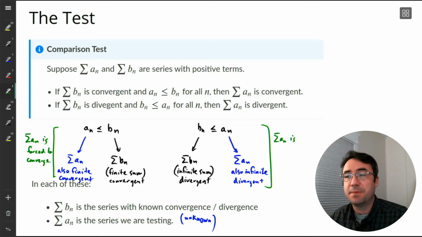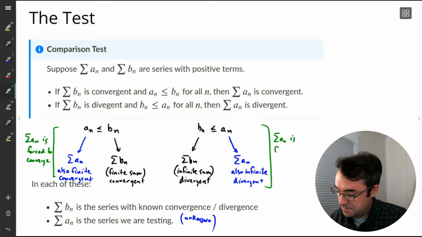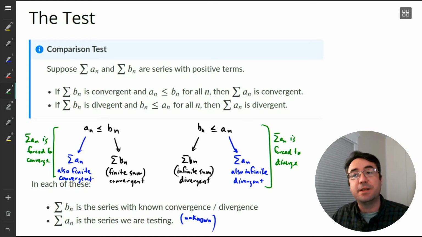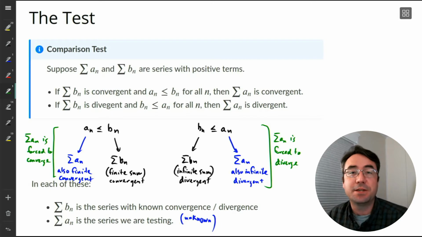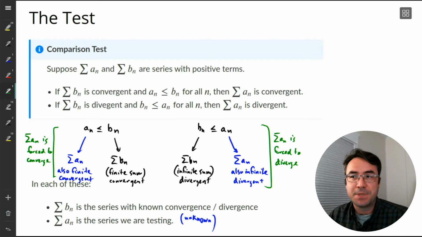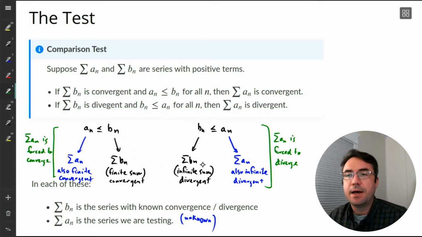It's forced to get bigger and bigger. We know if we try to add all our bn terms together, it produces an infinite sum. Well, our an terms are bigger, so it's going to be potentially an even larger sum. So it has to diverge. It's forced to diverge. So this is the motivation for why this comparison test seems plausible. By no means a proof, but it seems plausible.